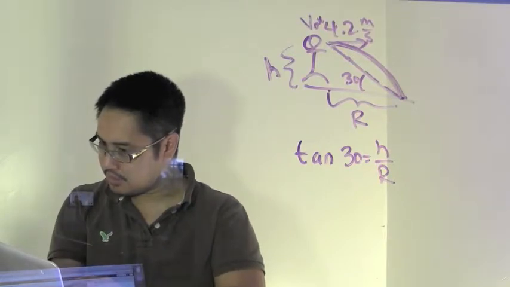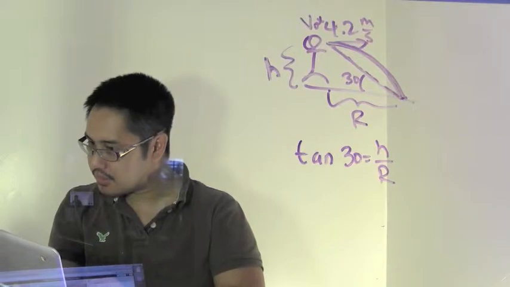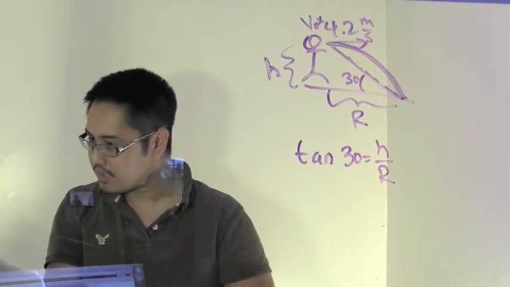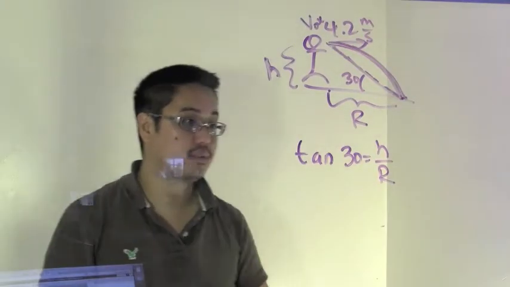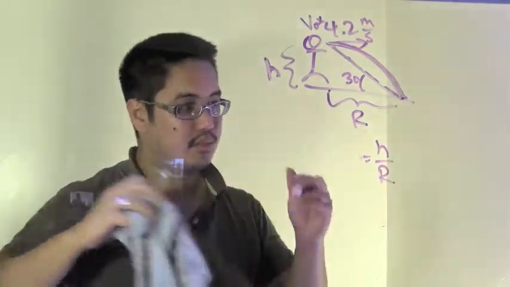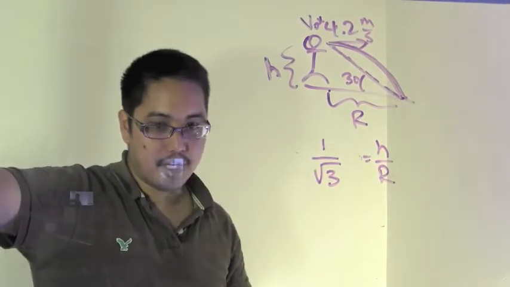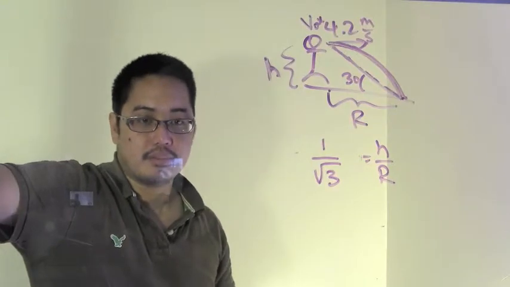What was it again? Hold on, let me look it up. Tangent of 30 degrees is 1 over root 3. Yeah, that's right. Of course, duh. 1 over root 3. Okay? Are we cool with that?